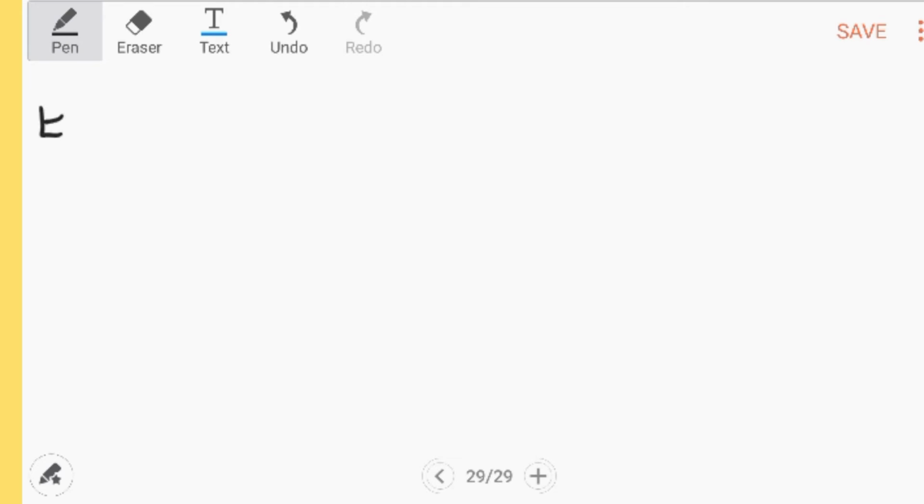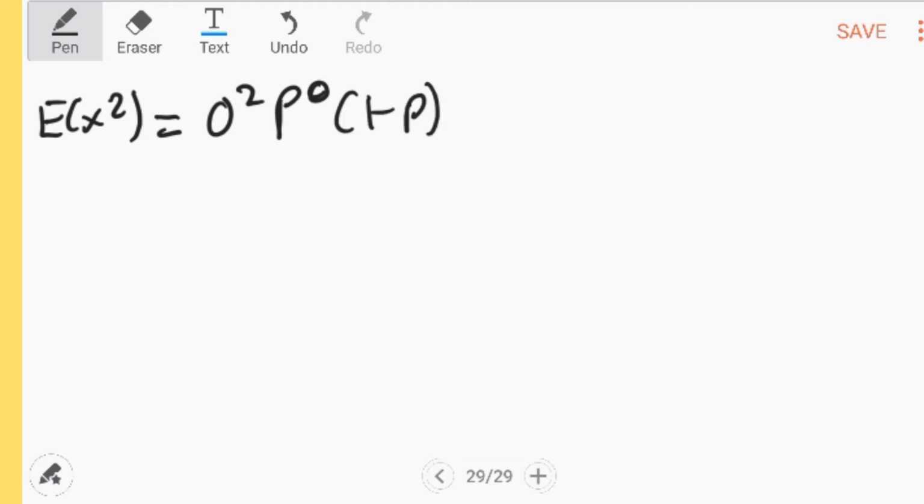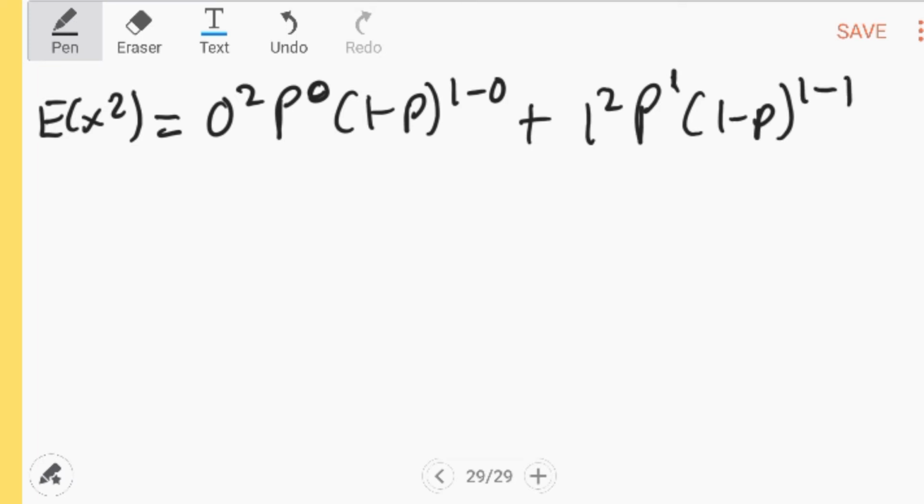This implies that the expected value of x squared can now be written as 0 to the power 2, p to the power 0, multiplying 1 minus p to the power 1 minus 0, plus 1 to the power 2, p to the power 1, multiplying 1 minus p to the power 1 minus 1.